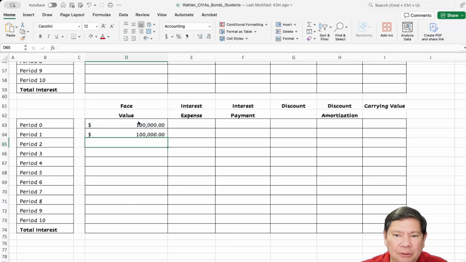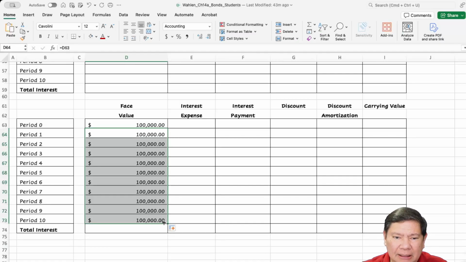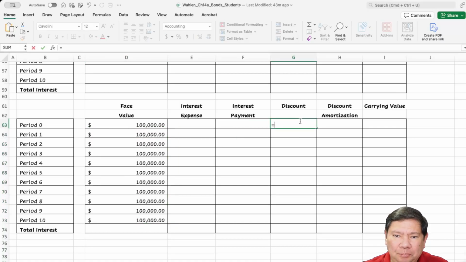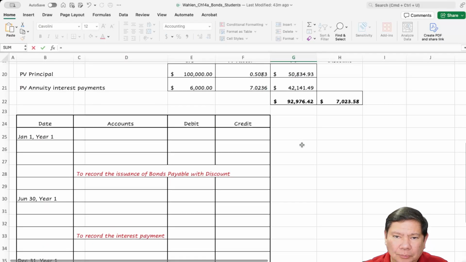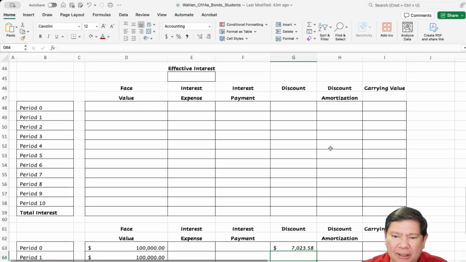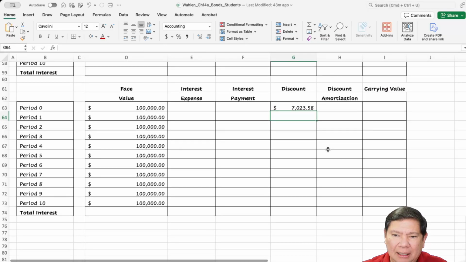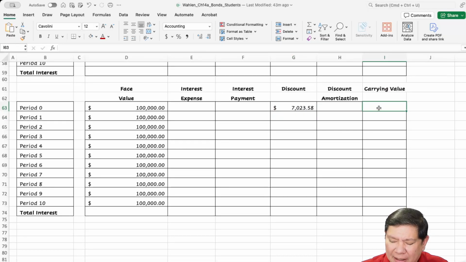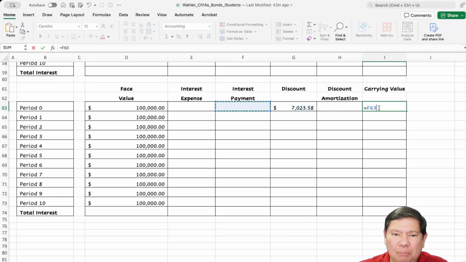We are going to do straight line amortization first. Okay. The discount is 7,023.58. The carrying value of the bonds is the face value minus the discount.